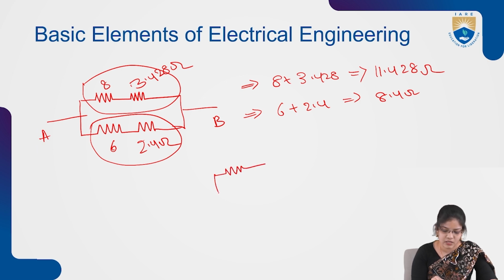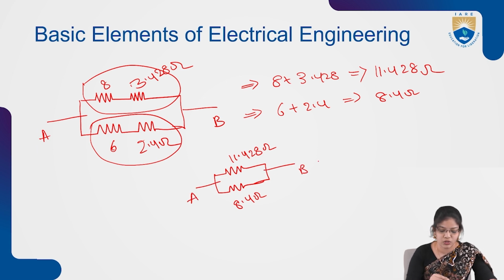Again, the resistors are connected in this way. So the first resistance value will be 11.428 ohms, and the second resistance value will be 8.4 ohms. Now we need to calculate the equivalent resistance across these two terminals, A and B. So now coming to the last circuit, these two elements are connected in parallel because the current is dividing here. So if the current is dividing, the network is said to be connected in parallel.